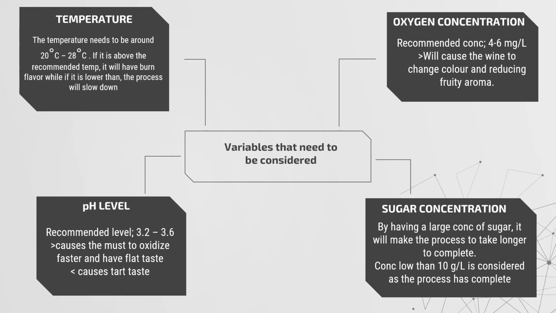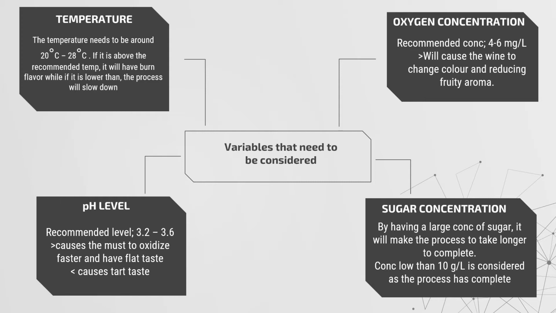If it is above that, it will cause the wine to change color and reduce the fruity aroma. For the pH level, the recommended level is 3.2 to 3.6. If it is above that, it will cause the must to oxidize faster and have a flat taste, while if it is lower, it will cause a tart taste because of the acidic content in it.